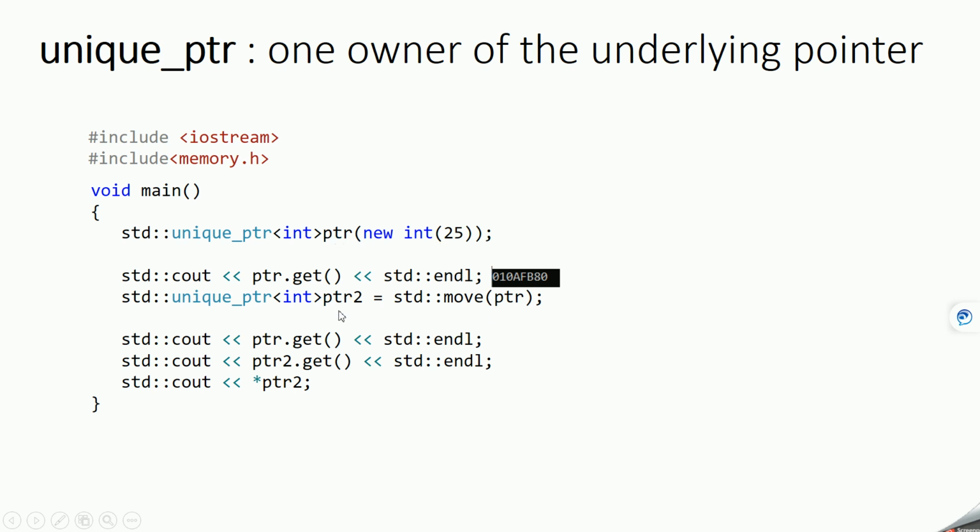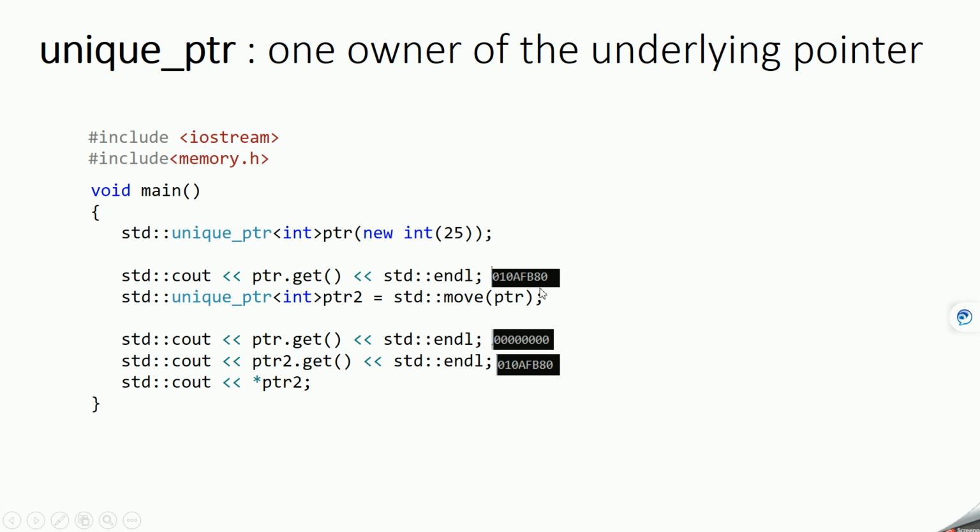We are moving it because we cannot share the memory between two unique pointers. Now when we print ptr.get, that is the address of the memory pointed by this ptr, it will give you null, because we are moving the memory from ptr to ptr2.